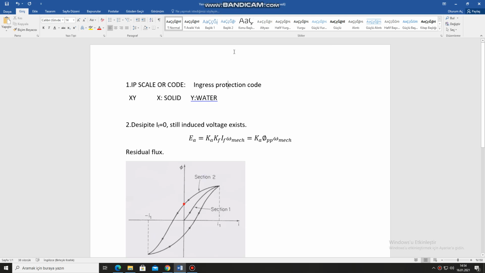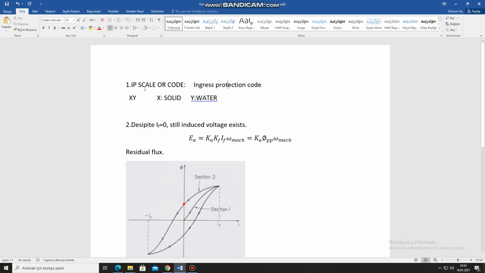It was all about the IP scale or IP code. IP is referred to as an ingress protection code, or sometimes international protective degree. It's all about the resistance of a DC machine against the ingress of some materials.